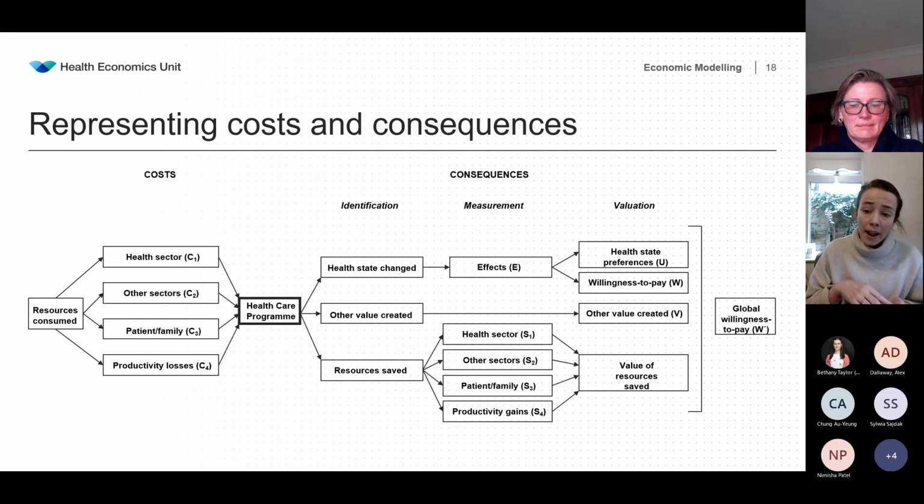So these values might come from real world data. They might be from trials that are ongoing in a particular ICS or a PCN, and they might be from the literature. So we might get these values from doing a systematic lit review or a targeted lit review to find out what others found. We might get the utility values from utility indices. For example, we shouldn't be calculating on a local or a regional level utility indices for particular health states.